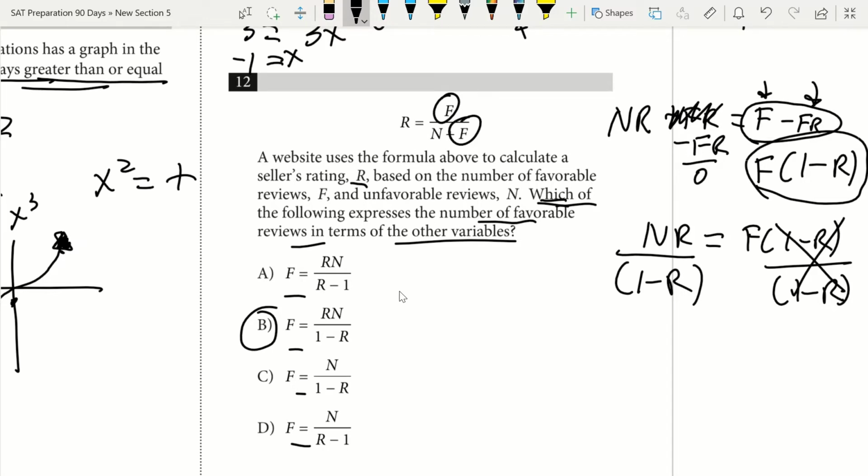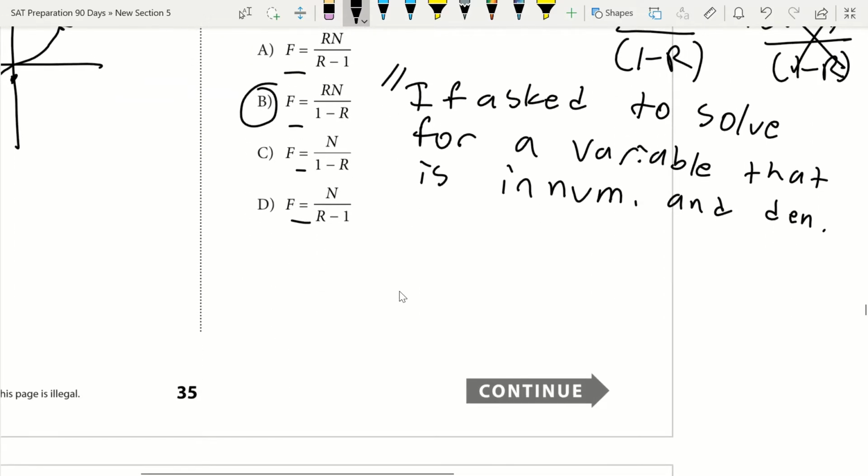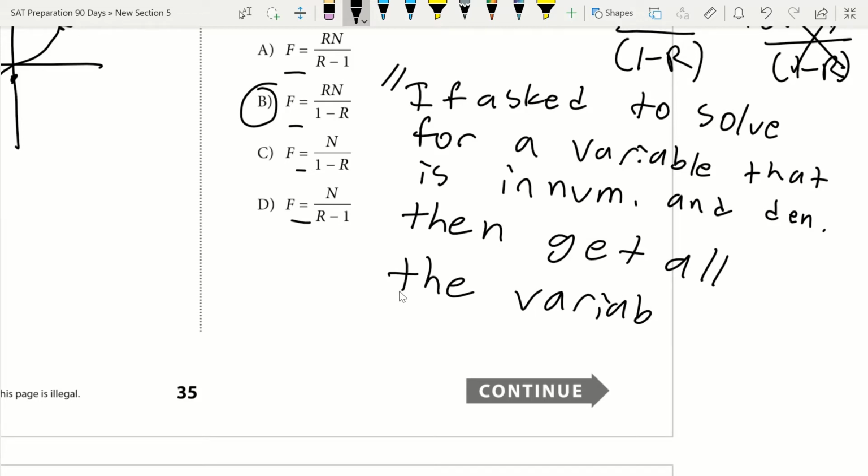Okay, so if you're asked to solve, put this in your notes. I'll give you a quote. If asked to solve for a variable that is in the numerator and denominator, then get all the variables that you were asked to solve for on one side.